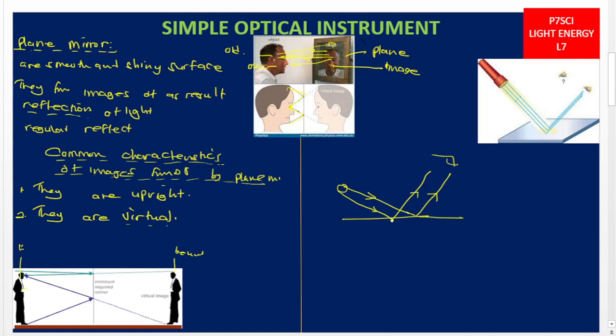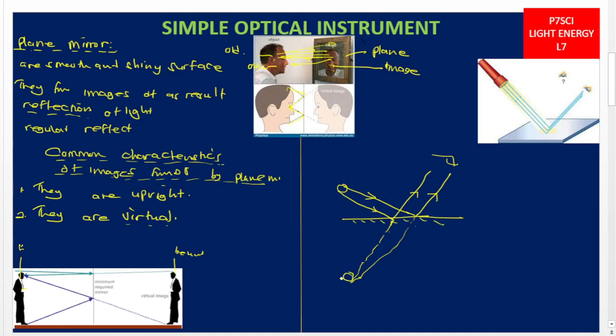Remember we said that light travels in a straight line. So this person who is observing will not see that this light is bending from here and coming like this. No, this person will see as if this light, you can use a ruler, is coming from inside. Therefore, where these two rays, extended inside behind the mirror, meet is where we are going to have our image.